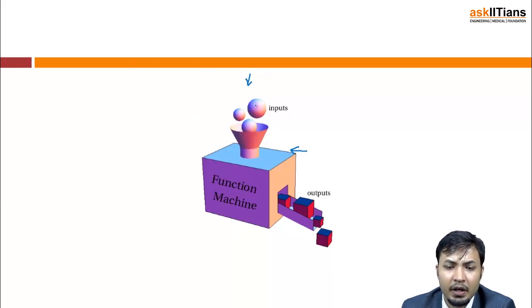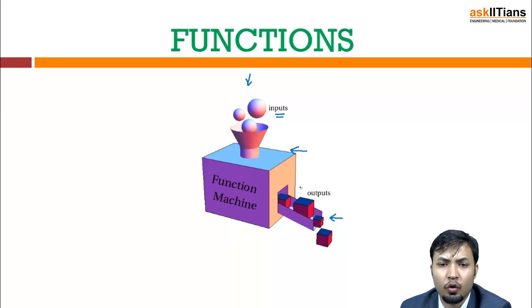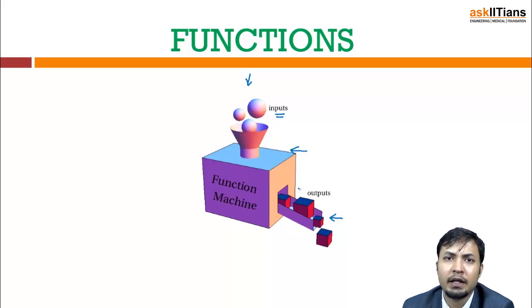Then it goes, these are my inputs, everything goes in there, the machine processes it, and in the output I get these things. Now this is all that we are going to study. So basically a function is something that tells us what is the processing of any numerical equation that involves constants as well as variables.